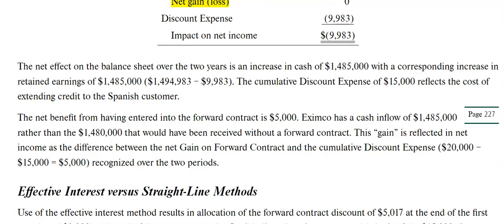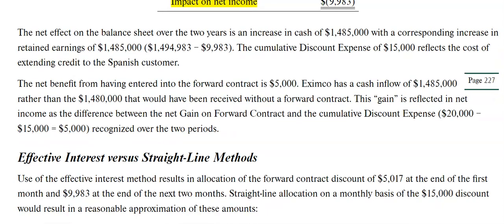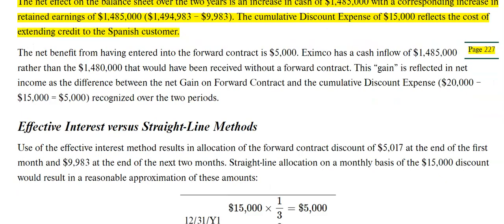Net gain, loss: 0. Discount expense, 9,983. Impact on net income: $9,983.